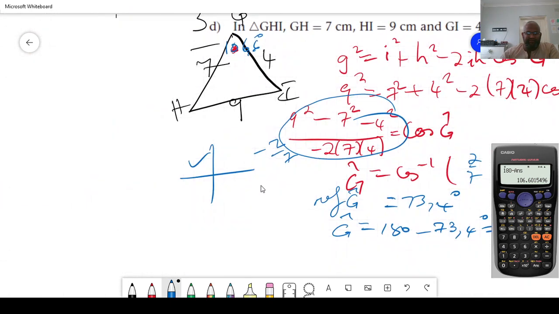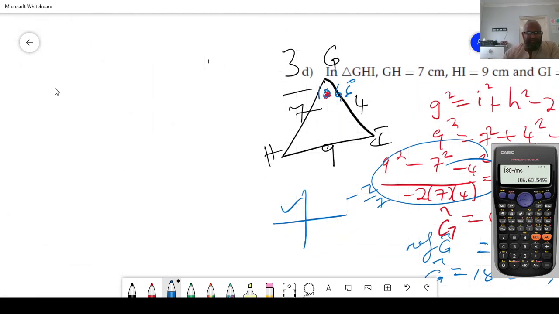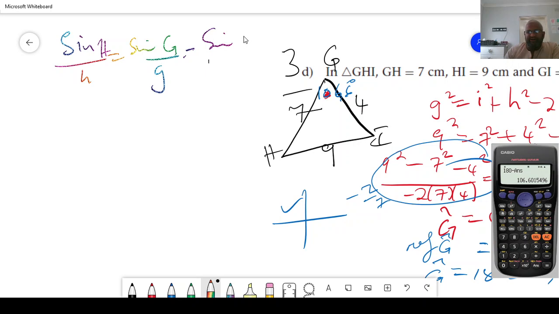Okay, I'll write it here now. Let's change the color. So it will be sine h over h is equal to sine g over g is equal to sine i over i.